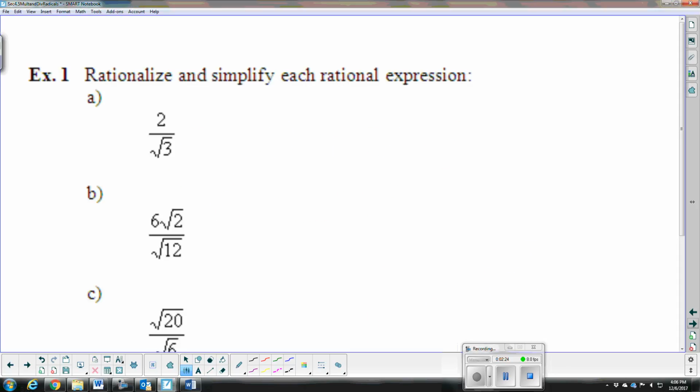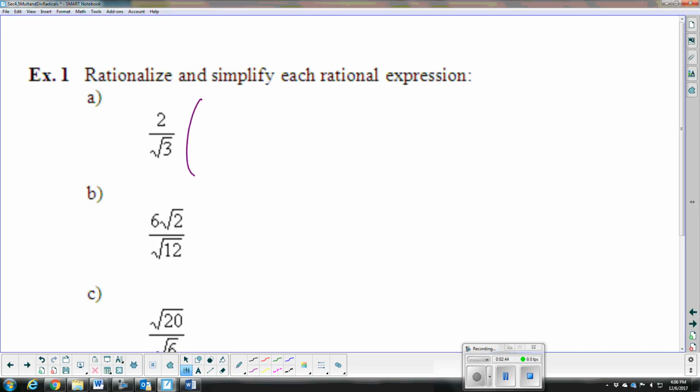So now when we look at rationalizing and simplifying each radical expression, our first step is going to be to rationalize the radical. So remember, you can always multiply by 1, and any number over itself is 1.